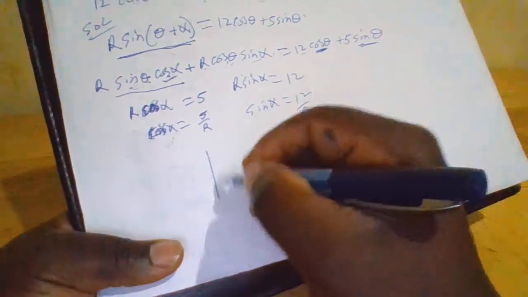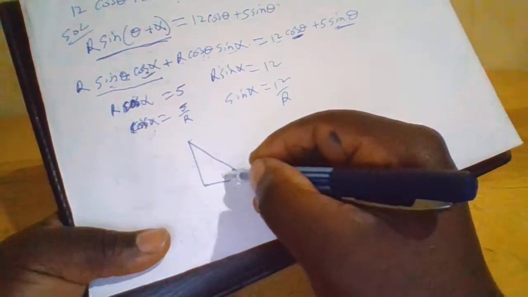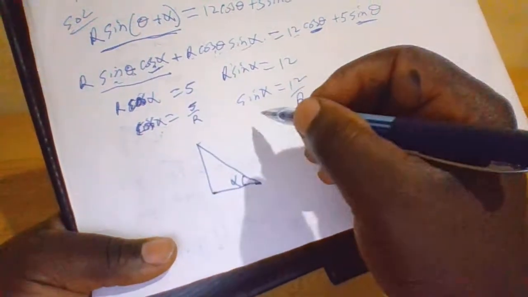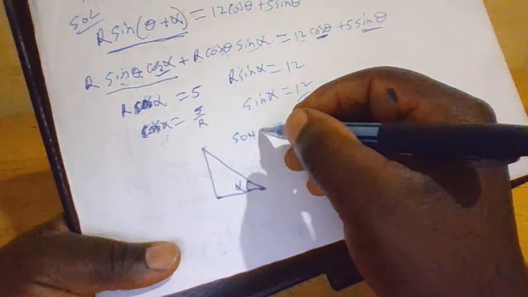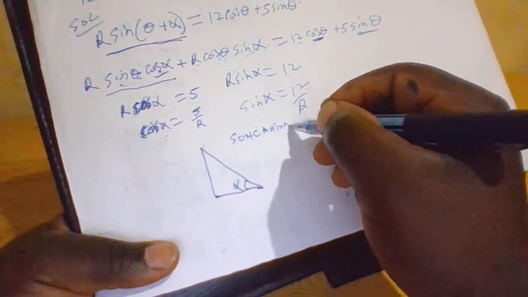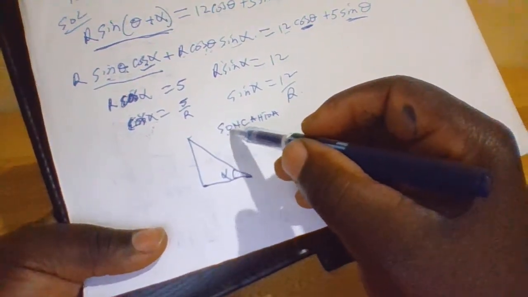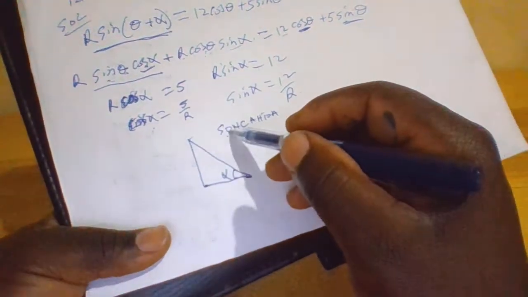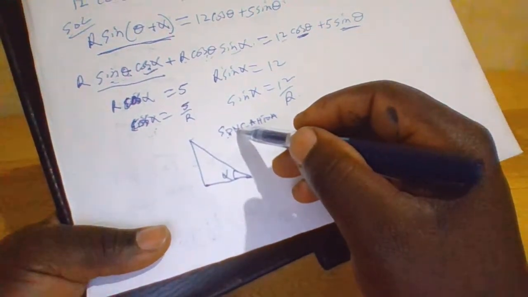Now we sketch this triangle and let it have the angle alpha. We know that the sine of the angle is given by opposite over hypotenuse.